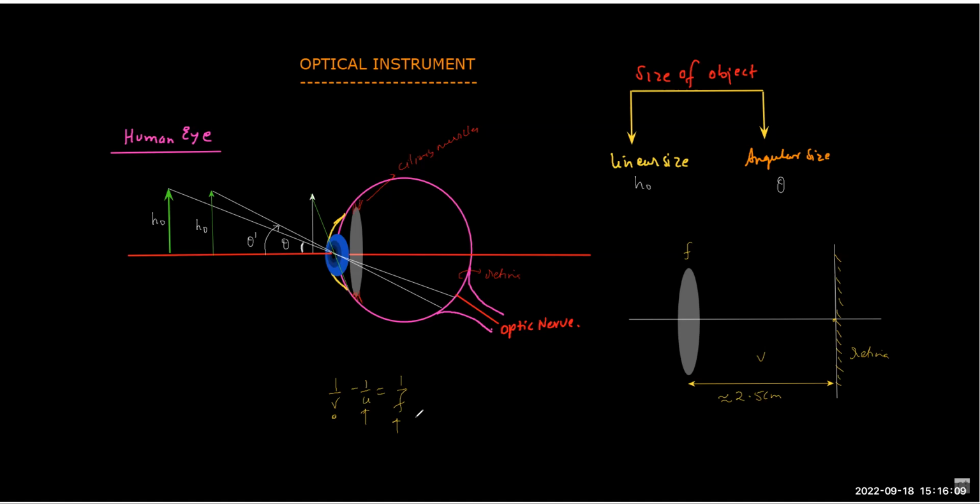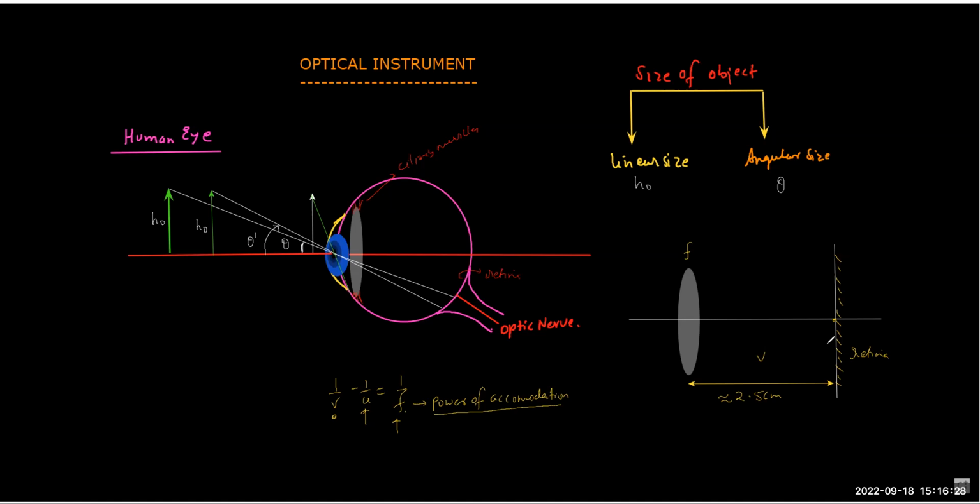So this constraint leads to something called the power of accommodation. The power of accommodation says that for every u, the f must vary to form the final image on the retina.